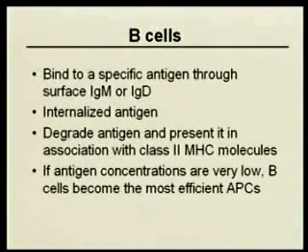They then will degrade it, as we discussed, using the class 2 MHC pathway. And it turns out that during an infection, if the antigen concentration is very low, the B cells become the best APCs because they're very specialized. They can pick up very small amounts of antigen, whereas the macrophage and dendritic cells more or less gobble up everything.